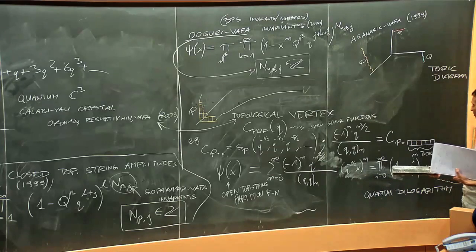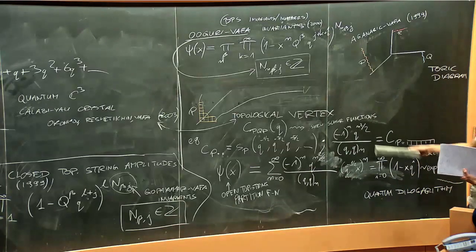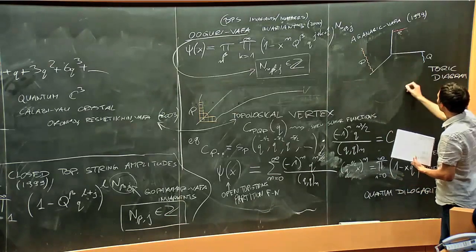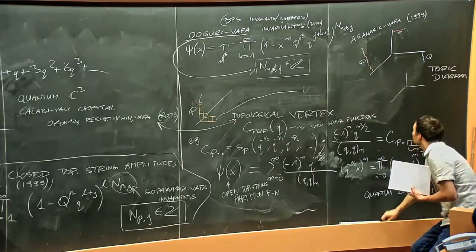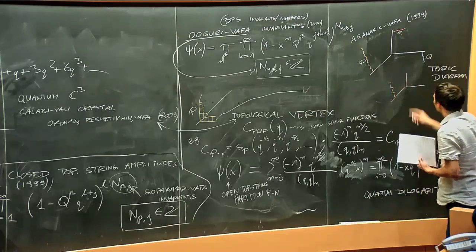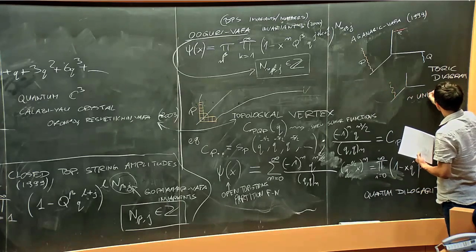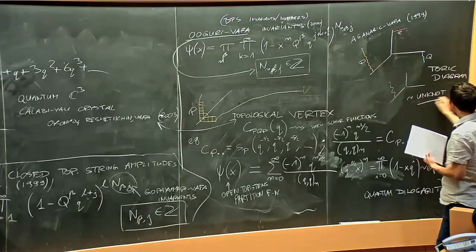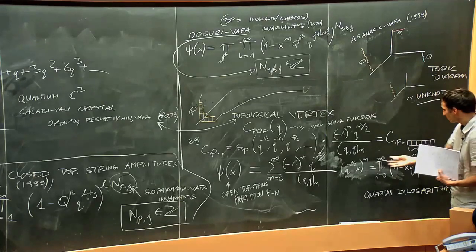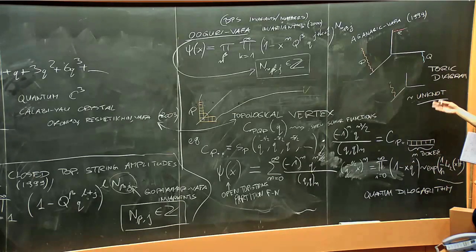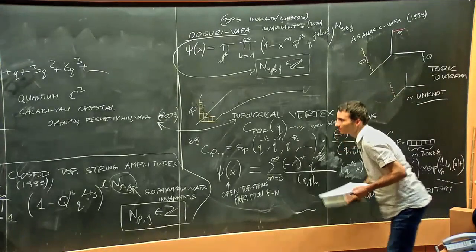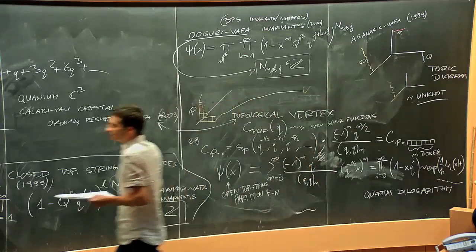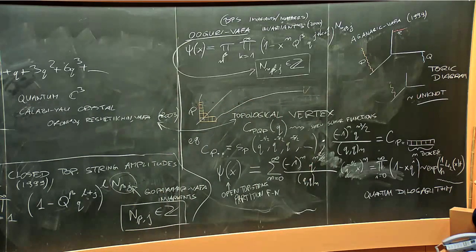And this is something that you in fact already see from this example of C3. So this configuration with just a single brane is in fact closely related to the unknot. This result I have here is some particular limit of the colored HOMFLY-PT invariants for the unknot. And I will just write a bit more general answer, which is also important for the rest of the talk.